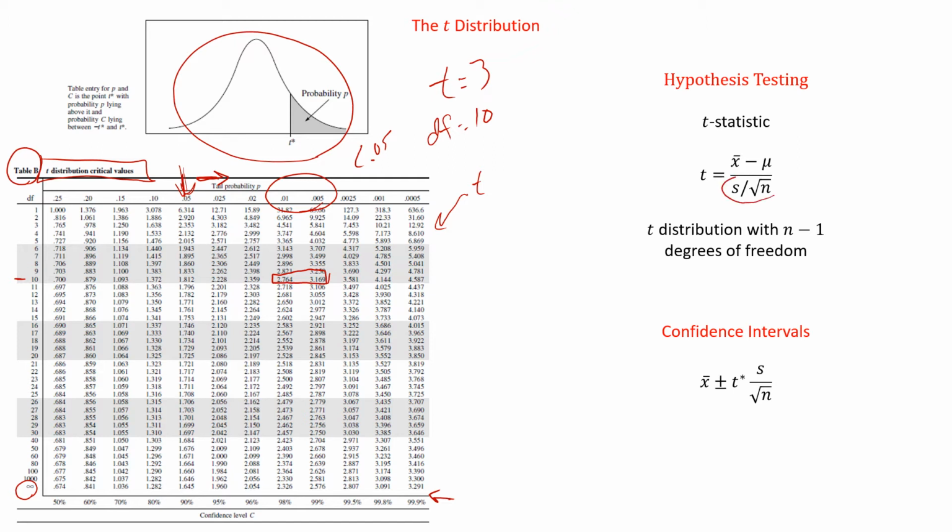If we took this s over root n and multiplied it over, we'd have t times s over root n equals x bar minus mu. We can add the mu, subtract. Mu should equal x bar minus t times s over root n. It's just we have plus or minus because we don't know which side it's on, because notice these t's are always positive.